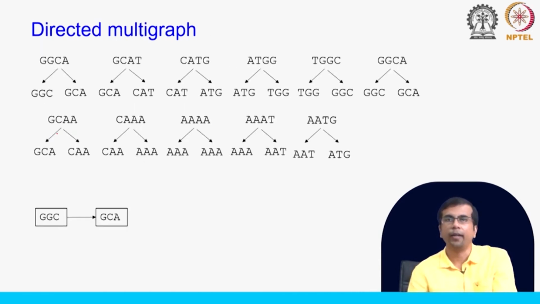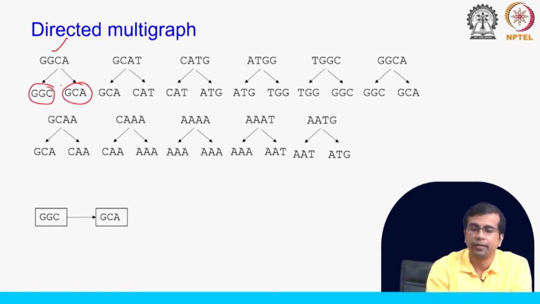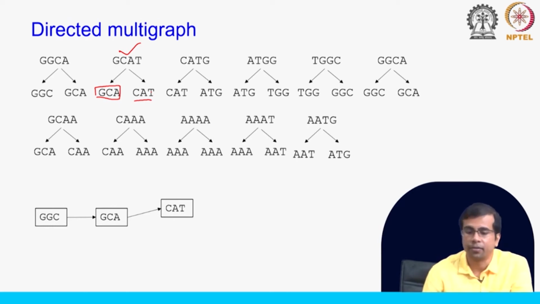Now, we can take these k minus 1 mers and build this directed multigraph following the same process that we just described. So, we start with this one, let us say, and we have GGC, GCA. So, this will be the connection. Now, we move on to the next one, GCAT. GCA exists in the graph, and we then add this CAT node and add this edge.